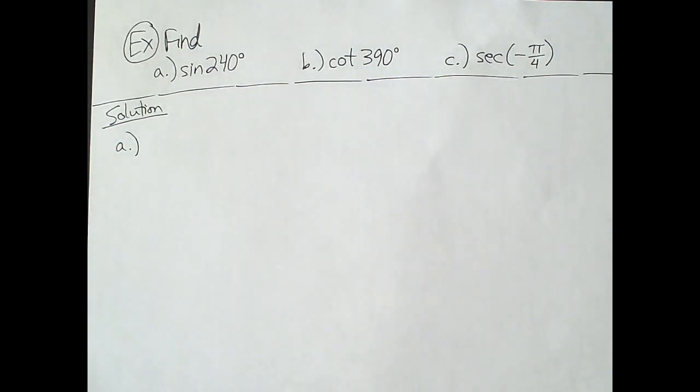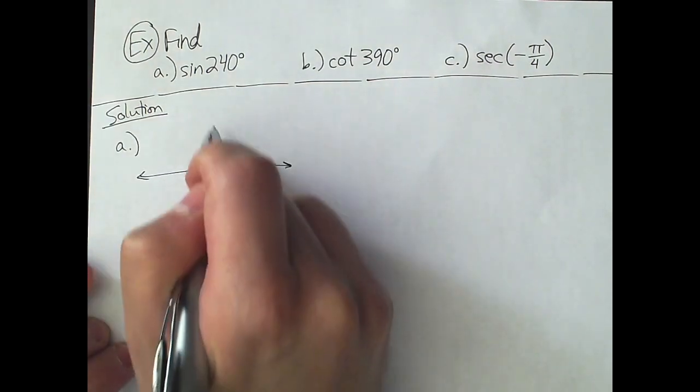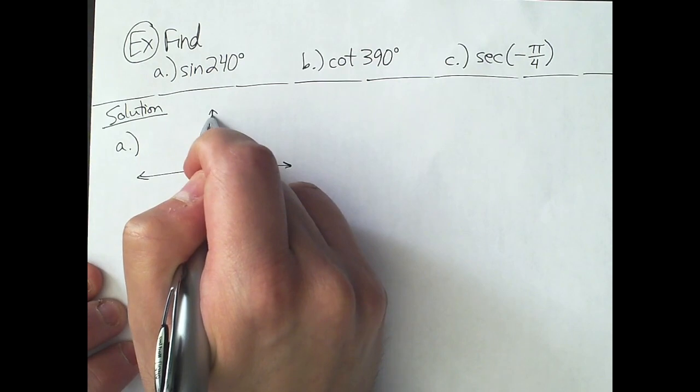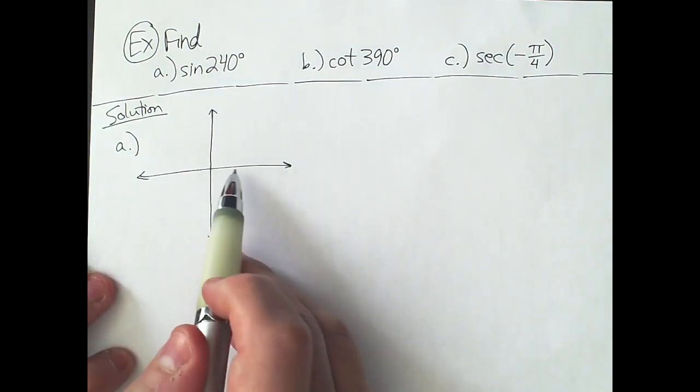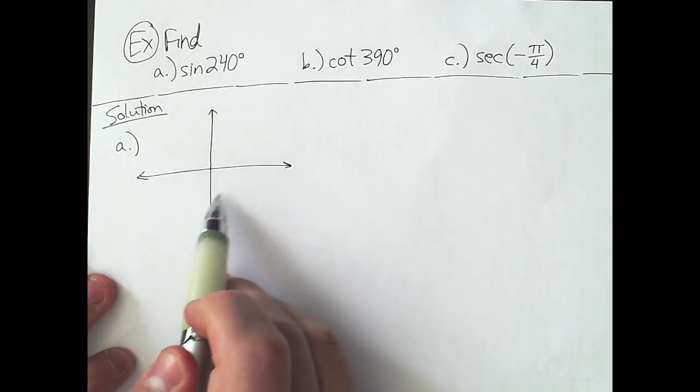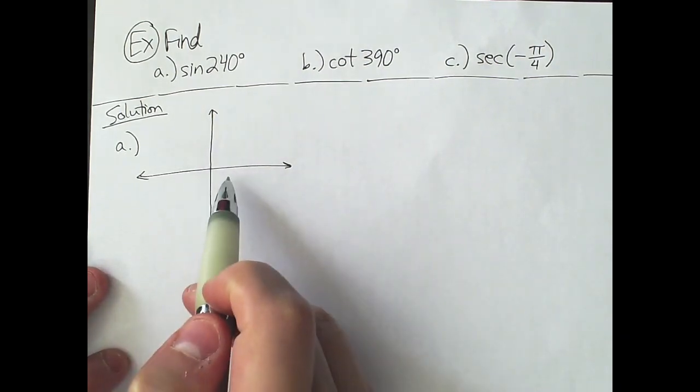All right, part A. You know how in previous lessons, a lot of times we did a scratch work unit circle? Well, this time we don't need a unit circle, but we could still draw a scratch work picture of this angle. Now, I know that if we went all the way around, we would be going 360 degrees. All the way around is 360.